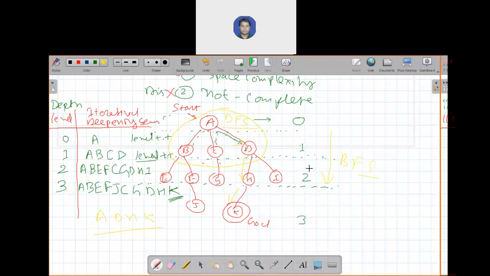It works the same way BFS does: BFS searches the elements level by level. So we follow level 1, 2, 3, 4 up to where we reach the goal state. So ultimately we are following BFS as well, and in the subgraph or subtree we follow DFS. So this iterative deepening DFS search technique follows a combination of BFS and DFS.